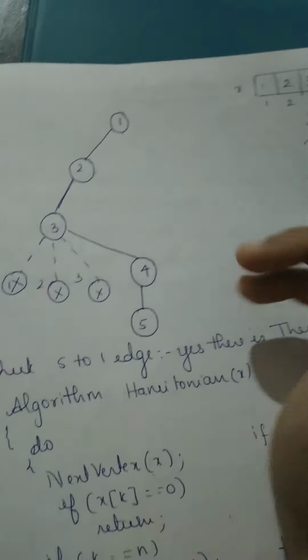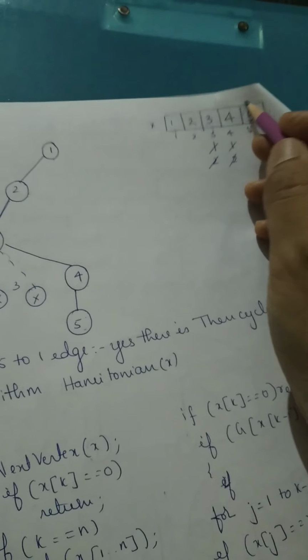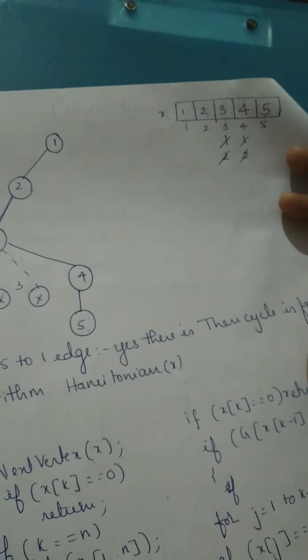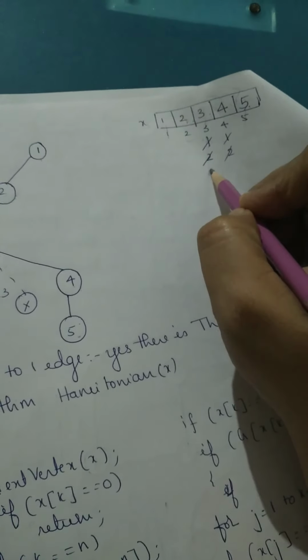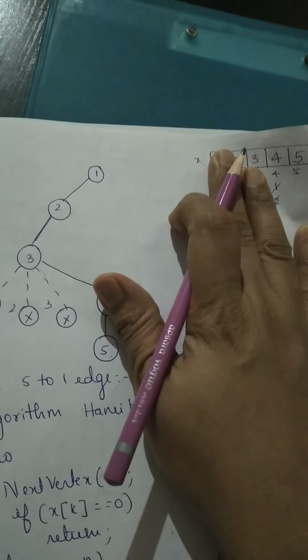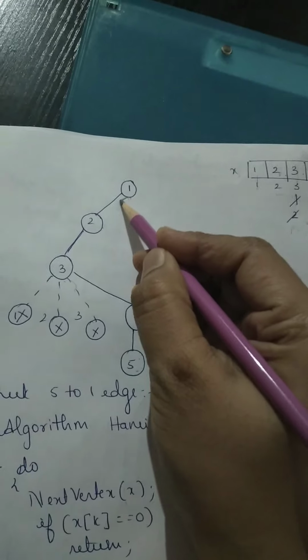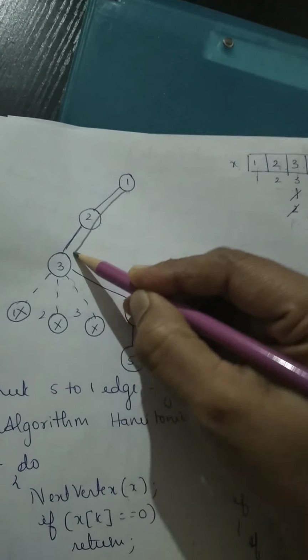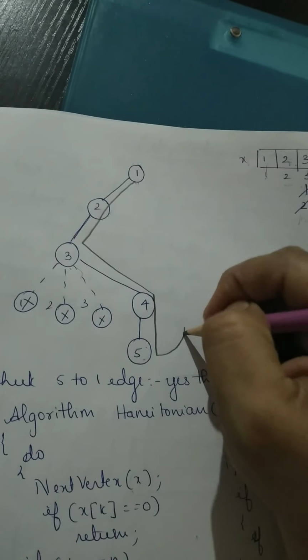Again, 1 to 2, 2 to 3, then 4 to 5, and 5 to come back to 1. Every time it needs to check whether the connection is possible by using the cost adjacency matrix. So my path is 1 to 2, 2 to 3, 3 to 4, 4 to 5, and then back to 1.